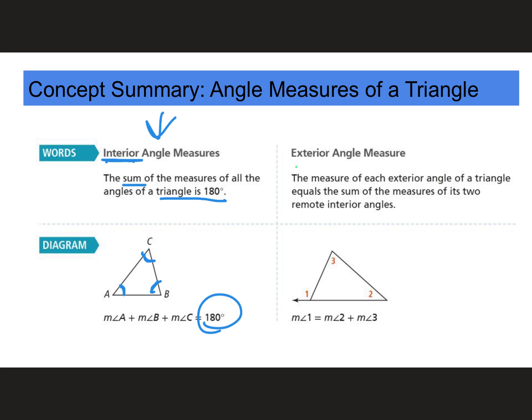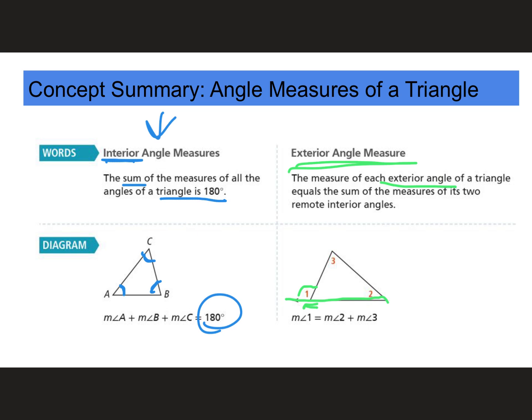Next, we have the exterior angle measure. So this says that the measure of each exterior angle, and I'm talking about this angle right here. It is on the outside of my triangle, and it is a continuation of this line. Okay?